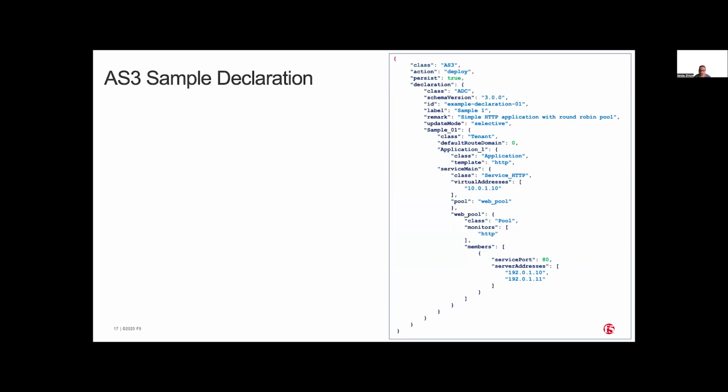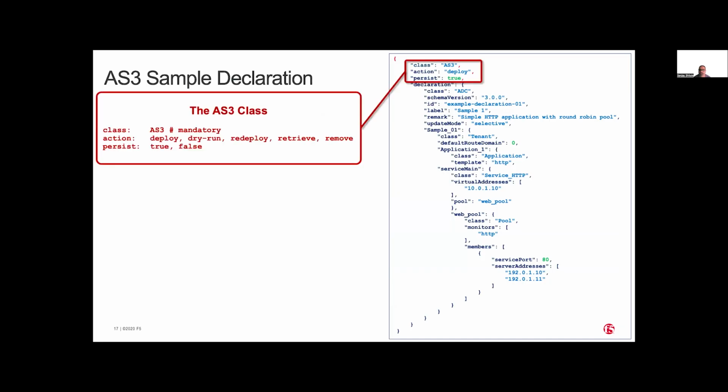So this is an example on the right. You can see that there is an AS3 example here, and this is the complete AS3, which shows your AS3 class, and you can see the action it is doing is the control action, things like deploy, you can do dry run, you can delete and stuff like that, which is the AS3 class.